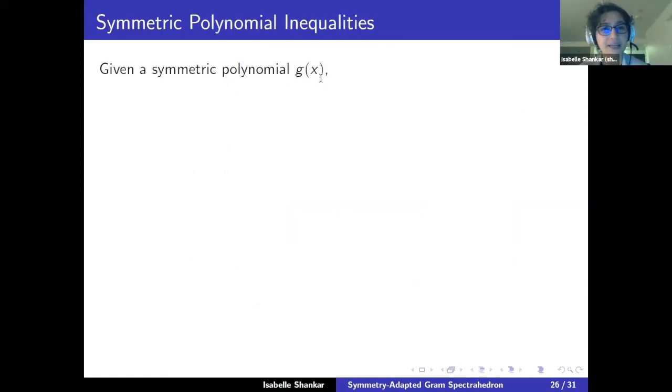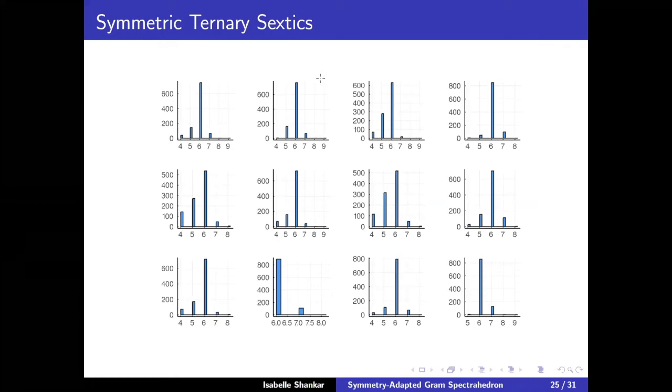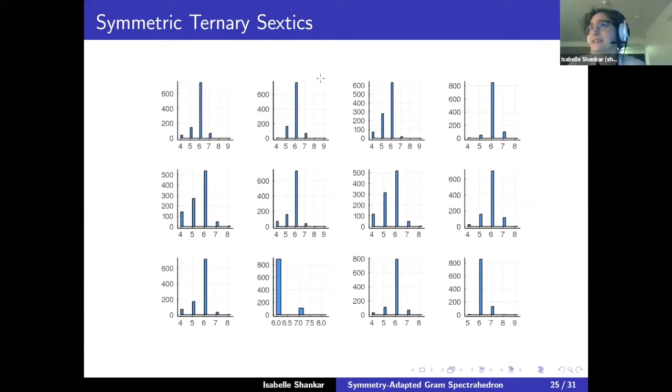Let me stop here for a second and ask if there are any more questions. If you had a special ternary sextic, do you think you could completely describe it? A particular ternary sextic? These are generic ones, right? Yeah, generic in that they were randomly generated.